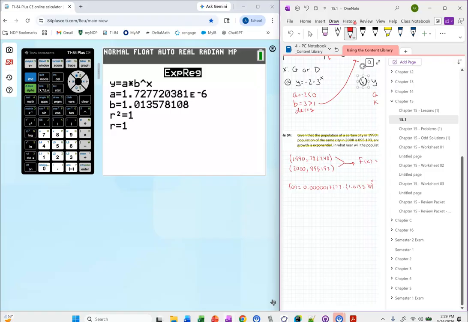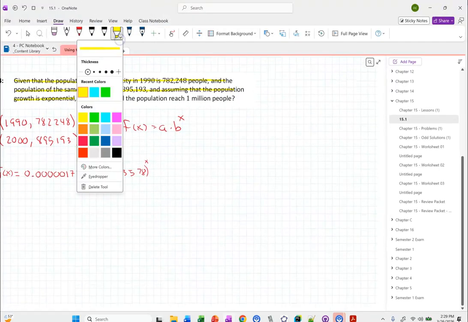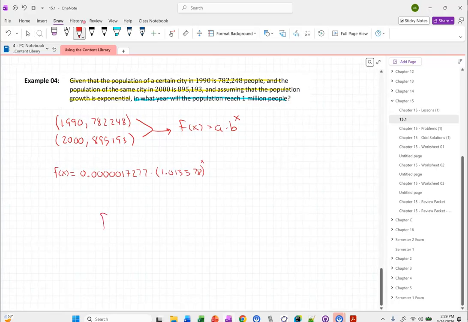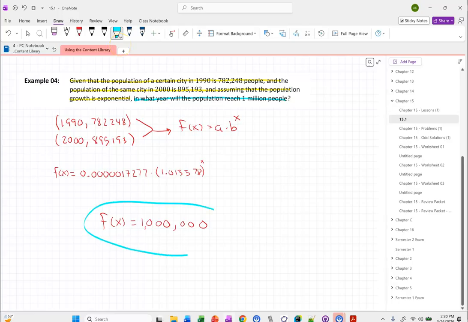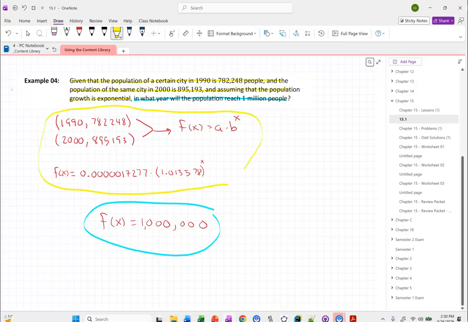Now, what's it want? It wants me then in the second piece to solve when f of x is equal to 1 million. Is everybody okay with the two parts in the question?